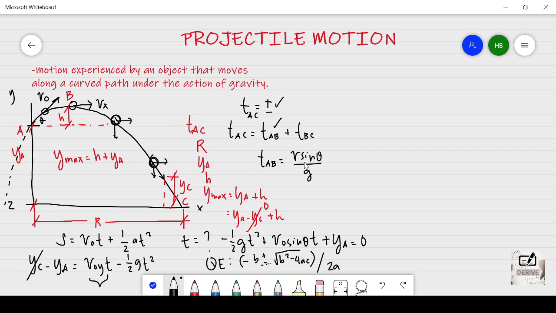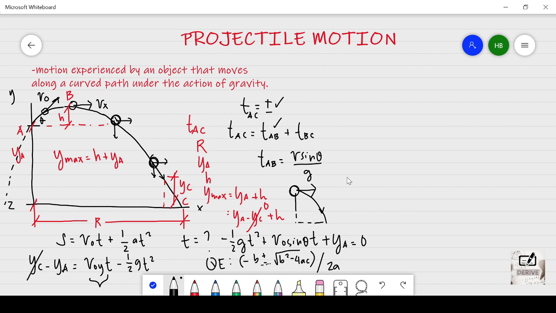So, how about the point B to C? Remember the first scenario that a particle only comes up horizontally from a cliff. Okay? So, parang ganyan siya ulit.